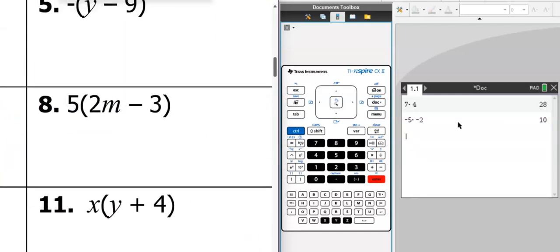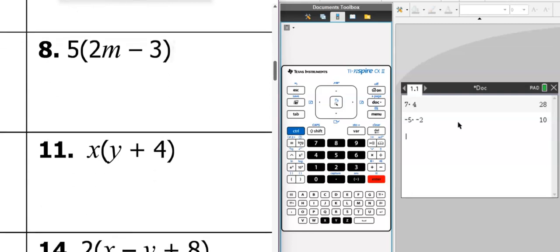Let's look at number 8. We see parentheses. We don't want them. So take the number outside the parentheses, in this case 5, and distribute it to each term on the inside. Here I see 5 times 2m. Well, 5 times 2 will give you 10. And the m is going to be stuck with him now.